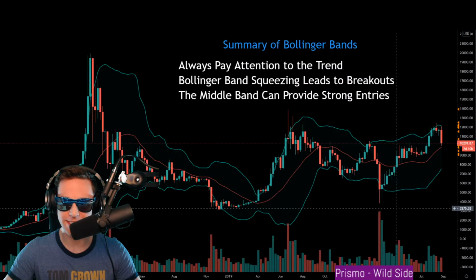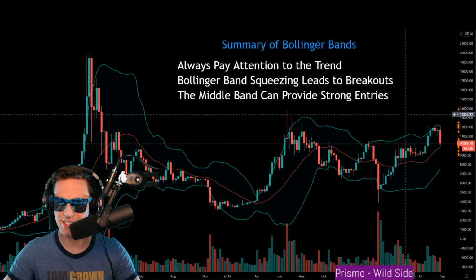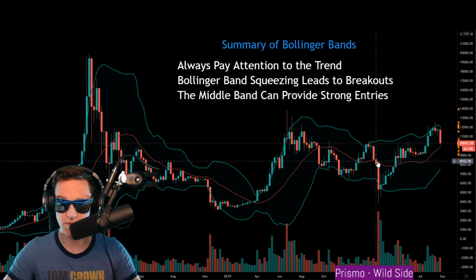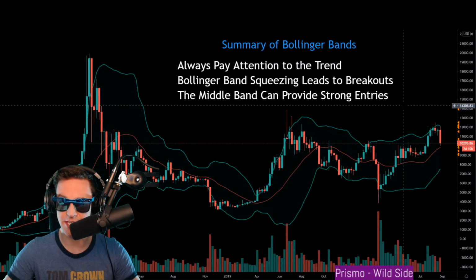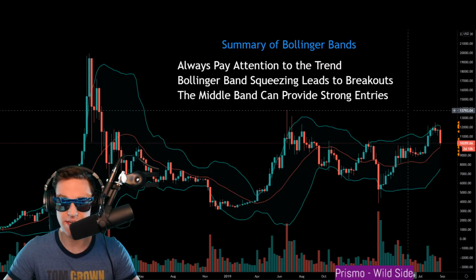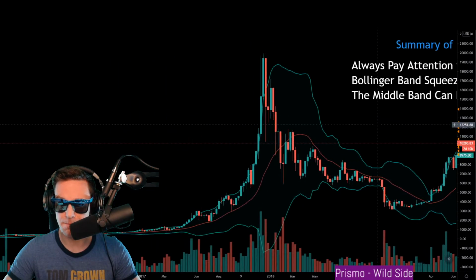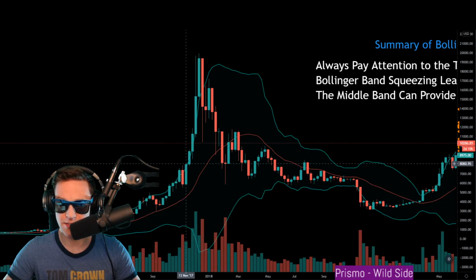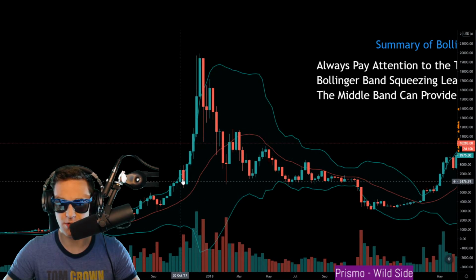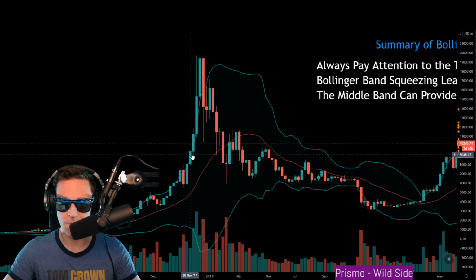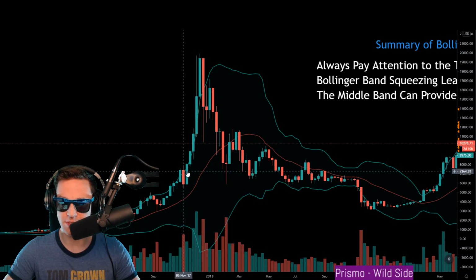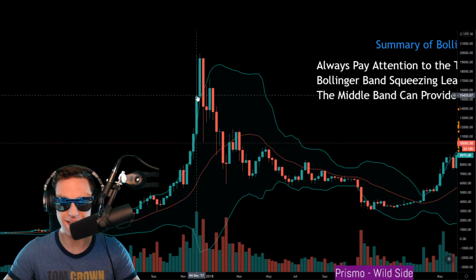So that's my quick take on Bollinger Bands. There's not a super ton about them. However, the 20 moving average with the 2 deviations seems to be very accurate, as long as you are watching the trend. You can see here on the run up to 20K, basically price was using the top of the Bollinger Band as support.